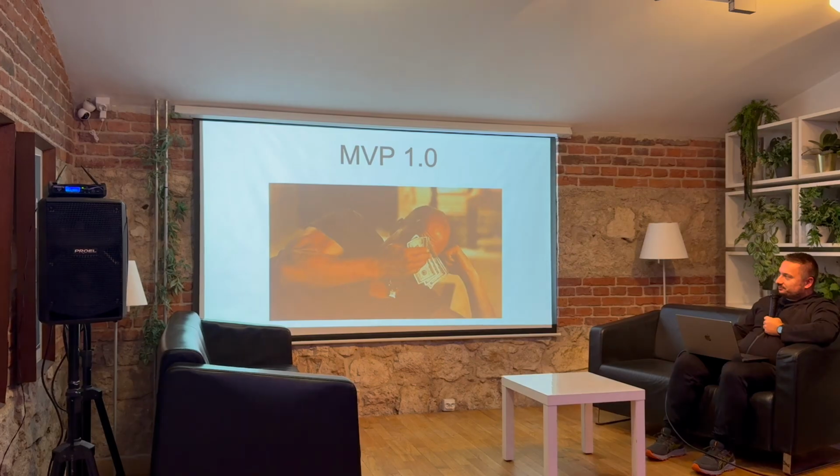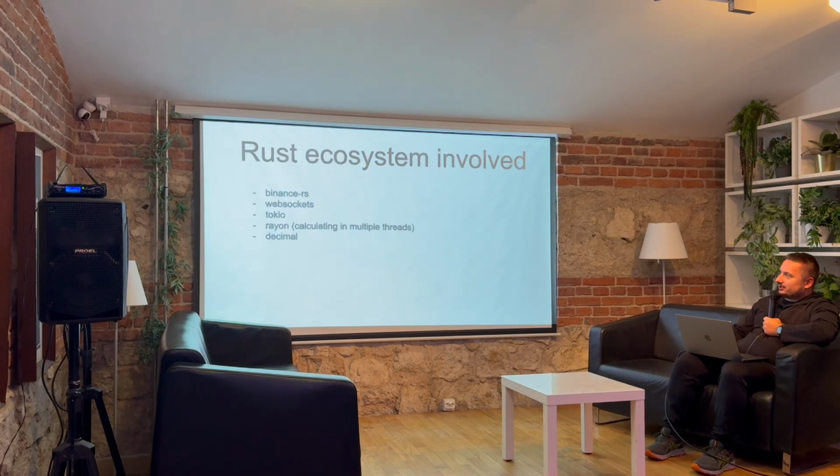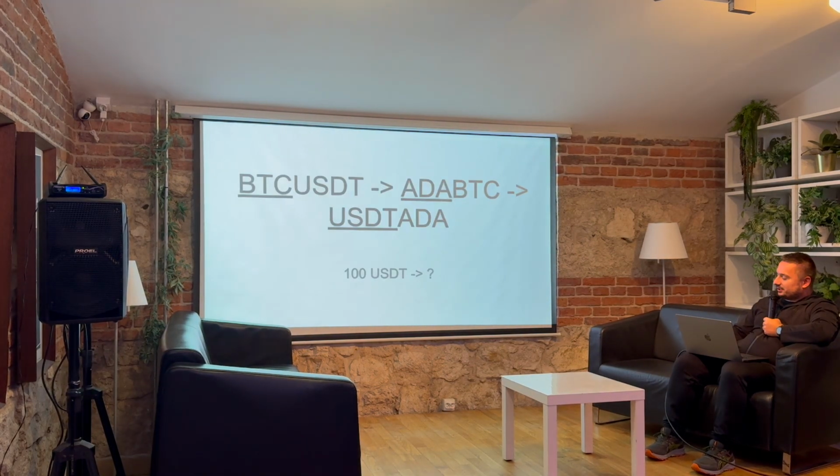For the people who just arrived, let me explain the algorithm. There was a bot which had to buy some pairs in the hope of a final profit, with the exit pair as US dollar. So we start with US dollar, we buy BTC, later we use the BTC for ADA on Binance if this pair exists, and finally if we have ADA, we can buy USDT as an exit asset, and we should be able to make the trade.